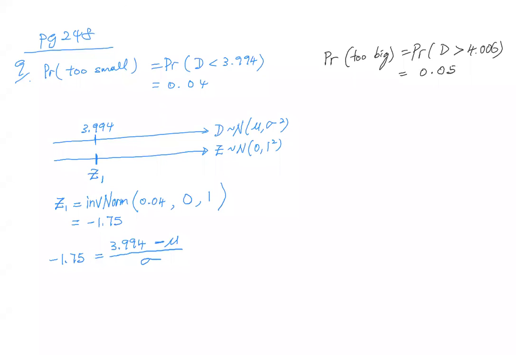Okay, so I draw my diameter 4.006. Then the z-score, I call it Z2. So to find my Z2, I have also used inverse norm.